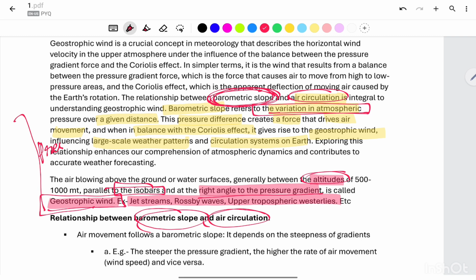The pressure keeps on varying over a distance. This pressure difference is causing the air to move from high pressure to low pressure, and when there is a balance with the Coriolis force, here balance is important, we get the geostrophic wind.